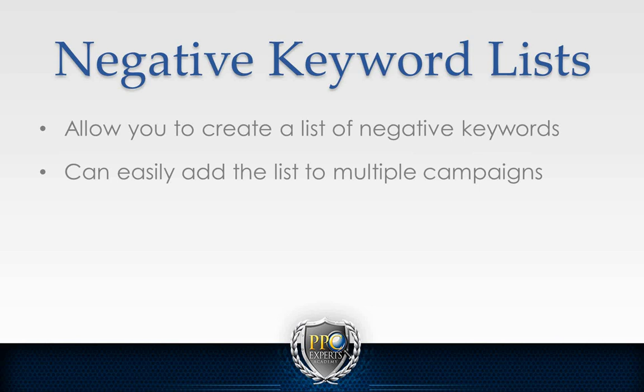And I then said, apply this negative keyword list to all these campaigns. I'm going to show you in the walkthrough in a second, but a negative keyword list is a great time saver. And negative keywords, if you're not doing them, then you're cheating yourself.